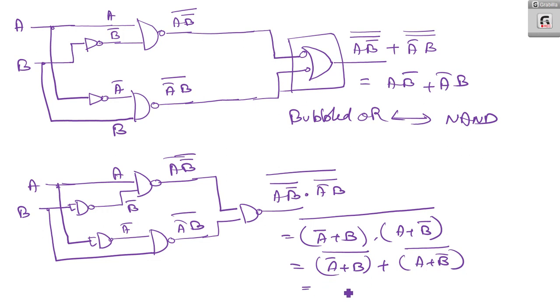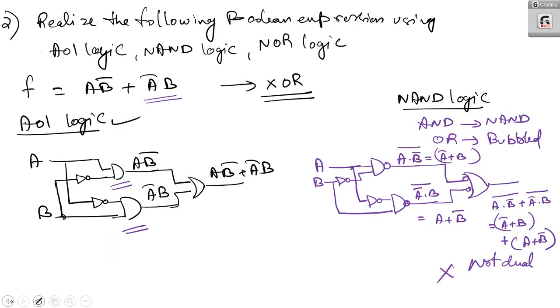Again, what is it? That is A B bar or A bar B, according to De Morgan's law. So this is the correct circuit. Now I have converted that XOR gate into NAND logic only.